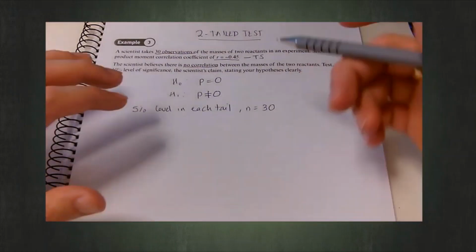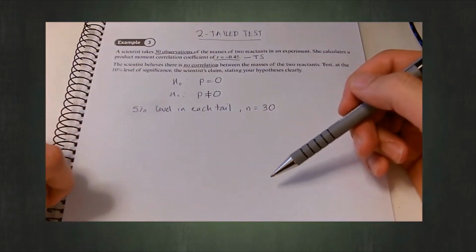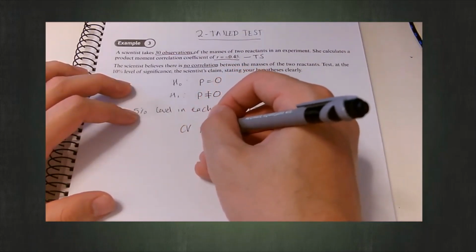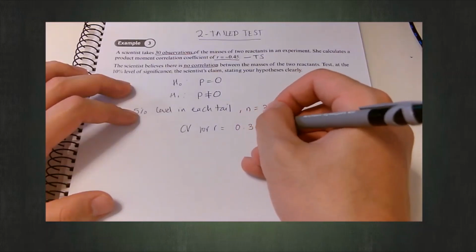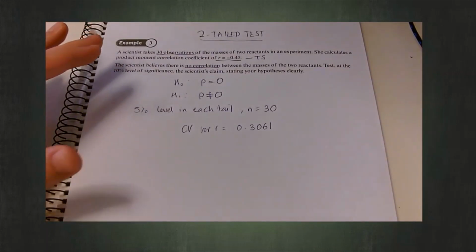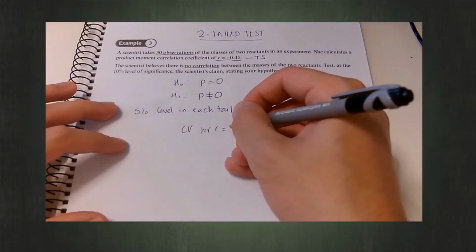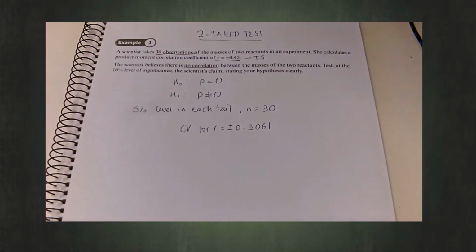So if you had that in front of you, you'd go down to 30, go to 5%, and what you'd get is a critical value for r, which is 0.3061. Now, the main difference here when you're doing a two-tailed test is because you're looking at positive or negative, you also have to incorporate that in as part of the critical value. So the critical value could be positive 0.3061 or minus 0.3061.